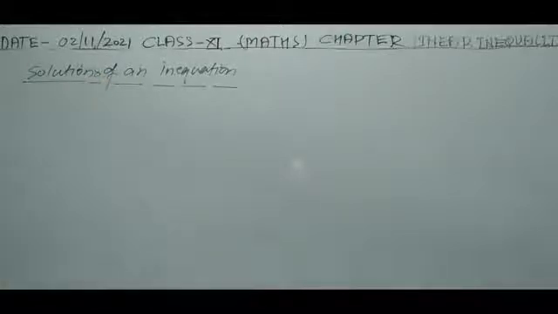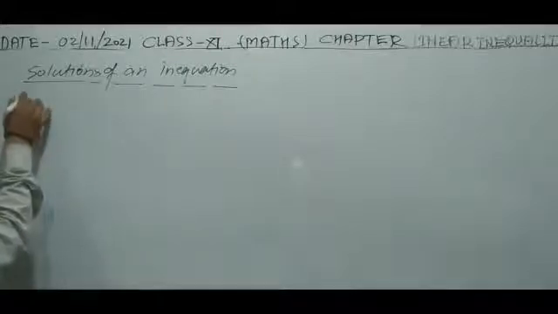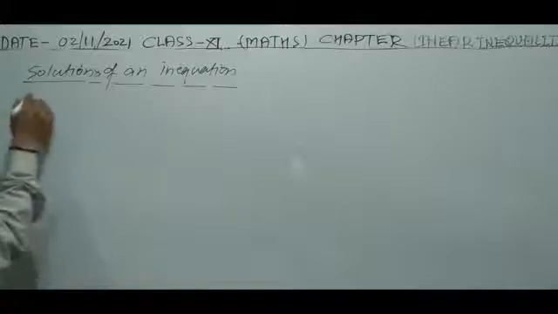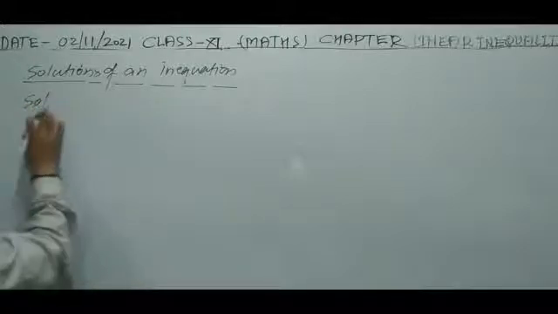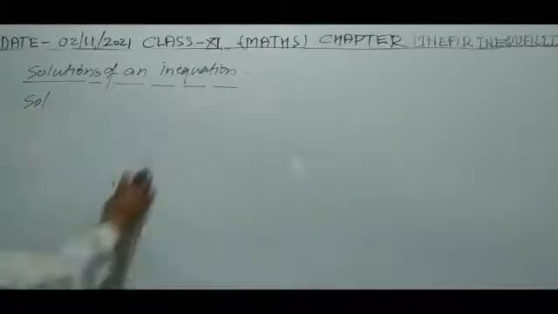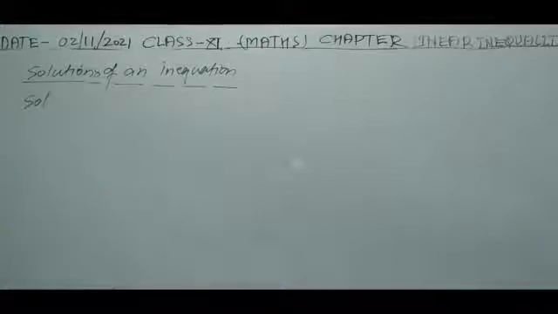The values of the unknown variables for which the inequation is satisfied are the solution. The solution of an inequation is the value of the unknown variables for which the inequation is satisfied.